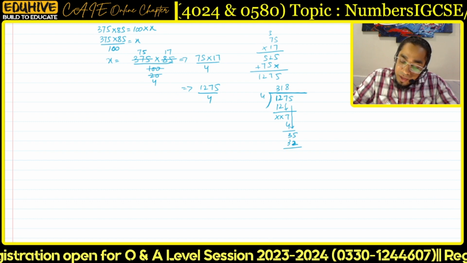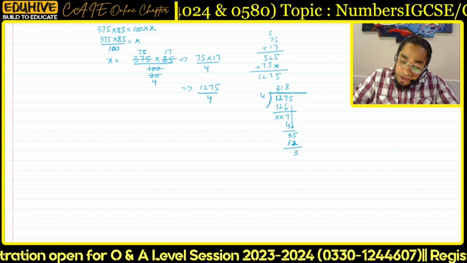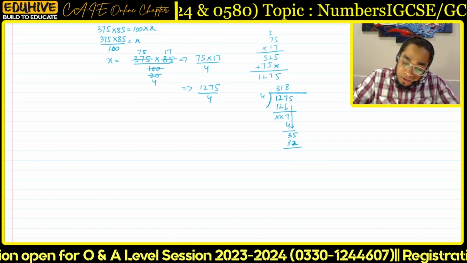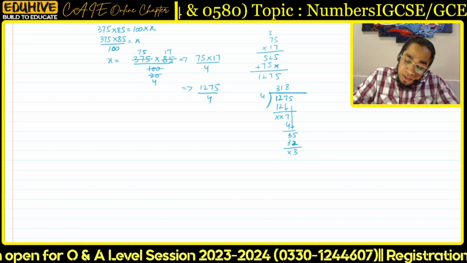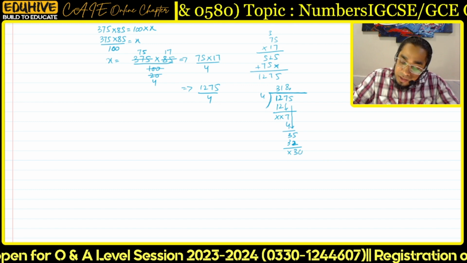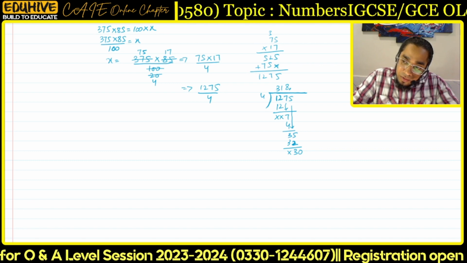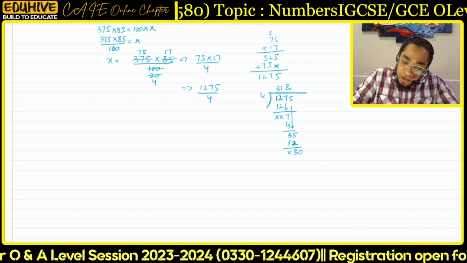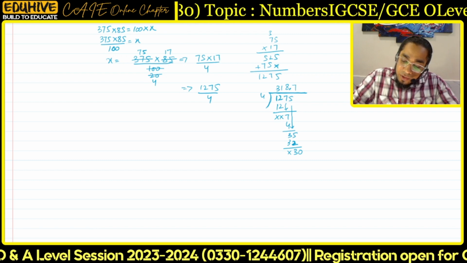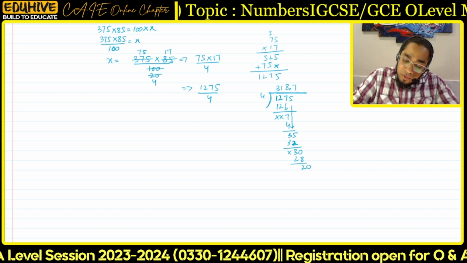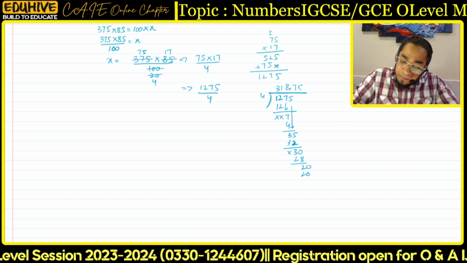So we will be having 5 minus 2 is 3, point, sorry, 3. So I just mark the point and I place a 0 over here. So 4 twos are 8, 4 sixes are 24, 2 to 7 is 28. So I'm just going to write 4 into 7, that's going to be 28. 2 will be left, put the point and added a 0. 4 into 5 is 20.